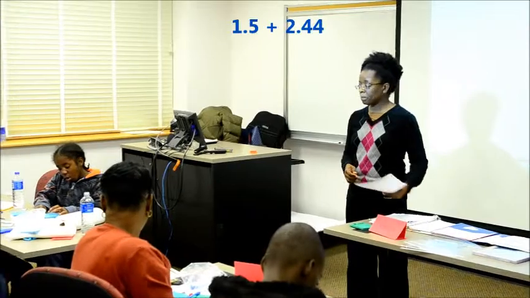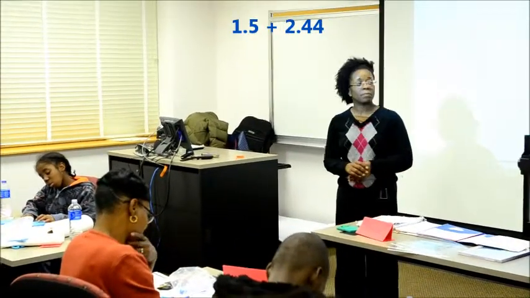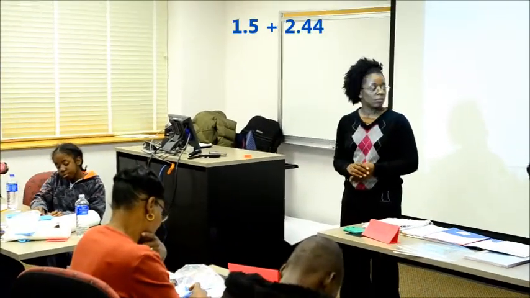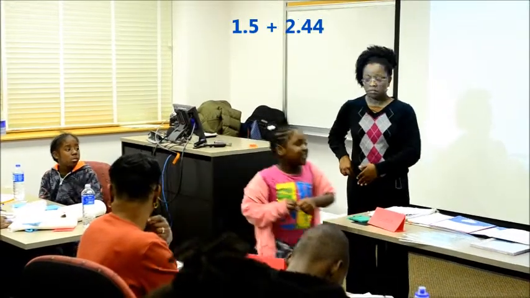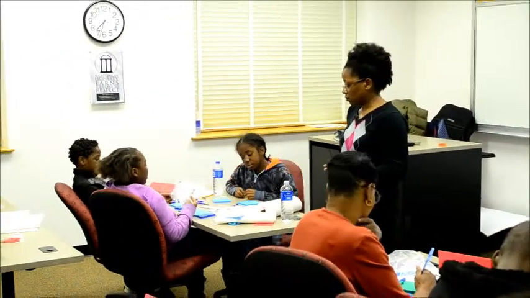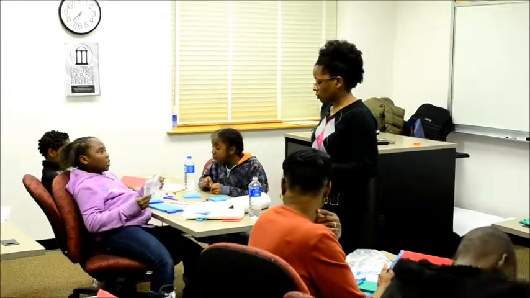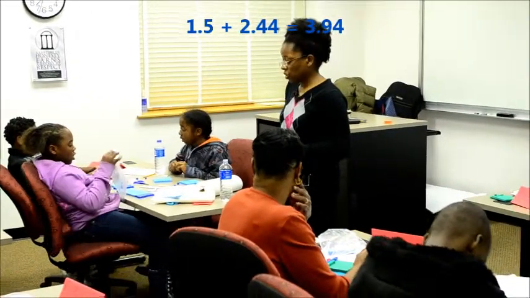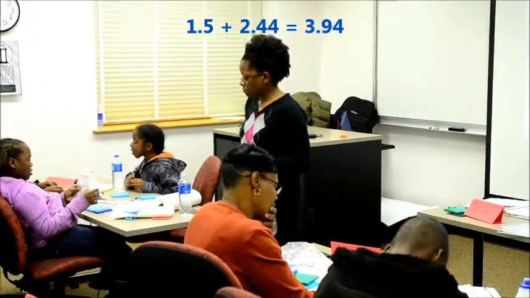Okay. And then I got 2 wholes, and then I got 4 tenths, and I got 4 hundredths because it says 2 and 44 hundredths. Okay. When you added them up, what did you end up with? I ended up with 3 and 94 hundredths. Okay. Good job.